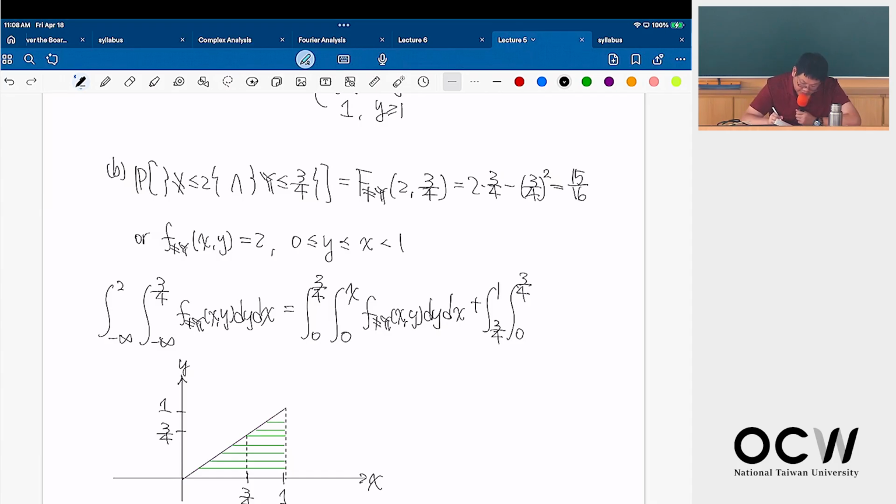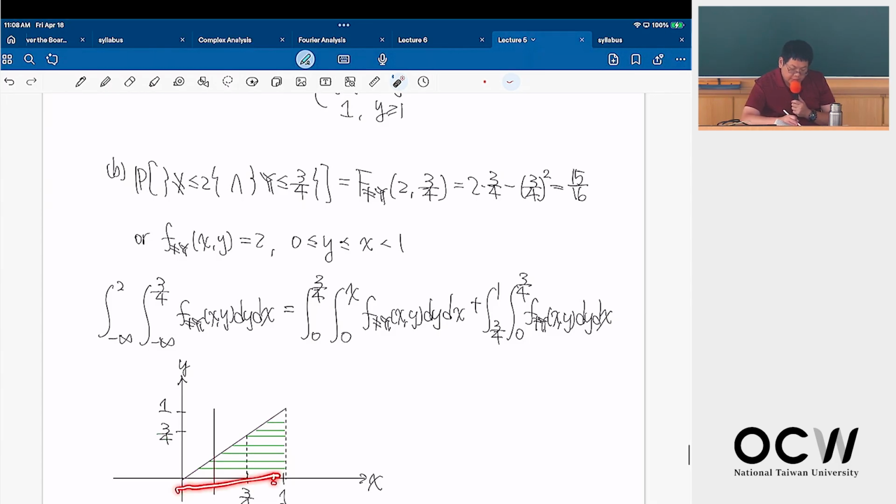Here's dy dx. From 0 to 3/4, 0 to x, 0 to 3/4.